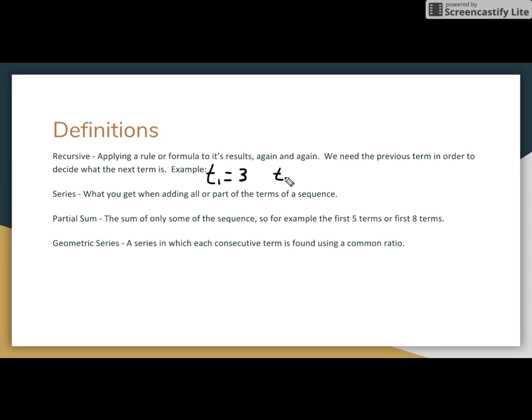And the definition is t of n equals 2 times t of n minus 1, for when n is greater than or equal to 2. The whole point is that we need to know the prior term in order to find the next term.